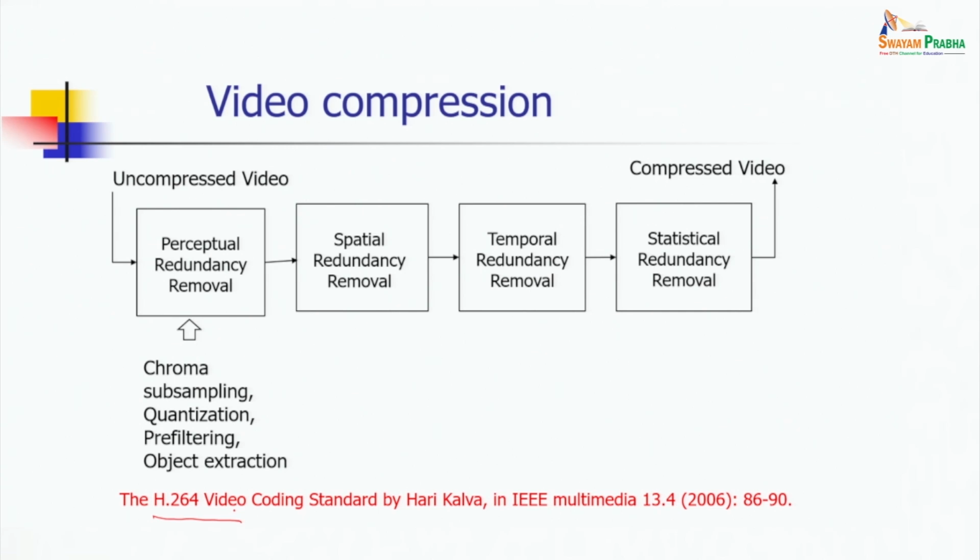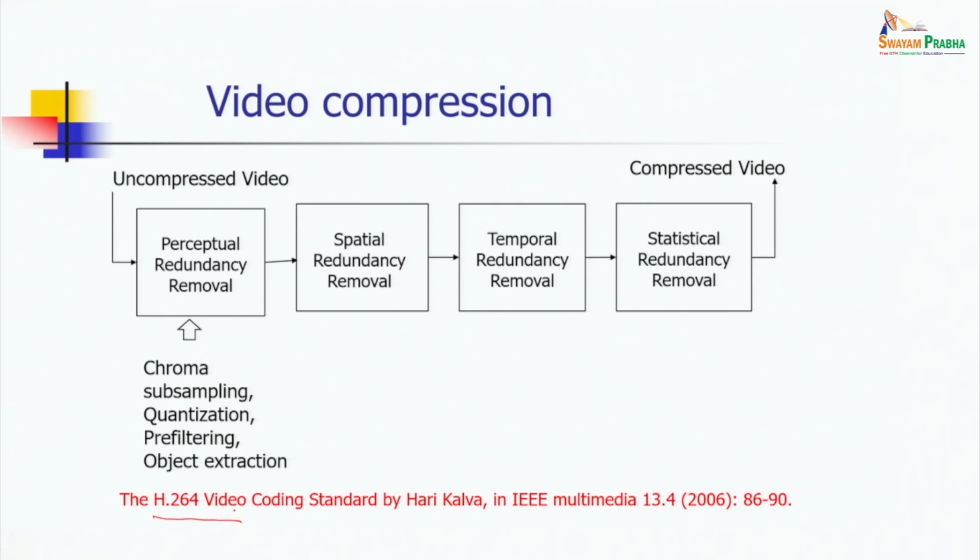Quantization: our visual system cannot distinguish beyond a certain resolution of the numeric representation of values. Then we can perform pre-filtering by reducing the bandwidth, because these are all band-limited systems, so we represent only the relevant bands. Sometimes there is object extraction, which is a kind of saliency.